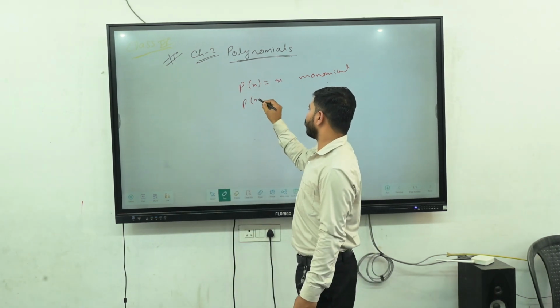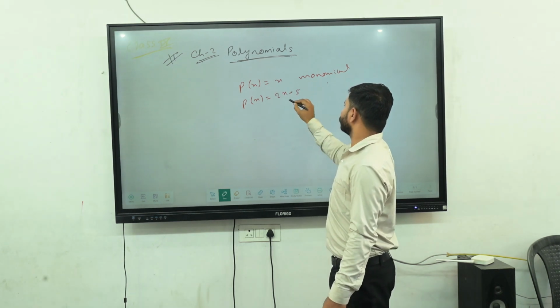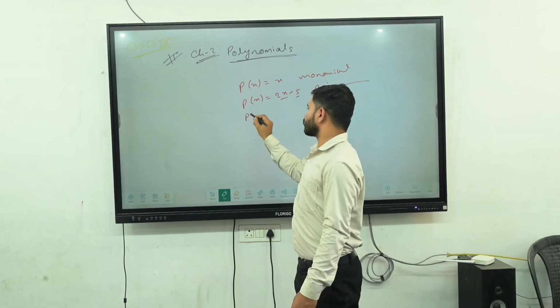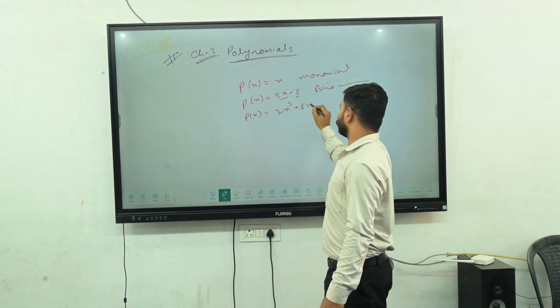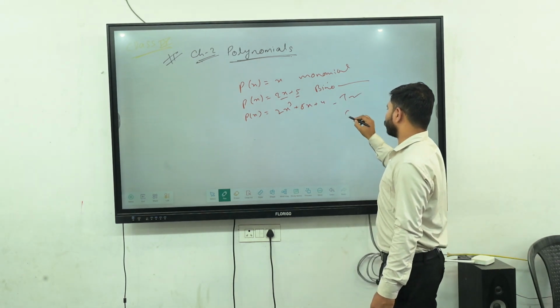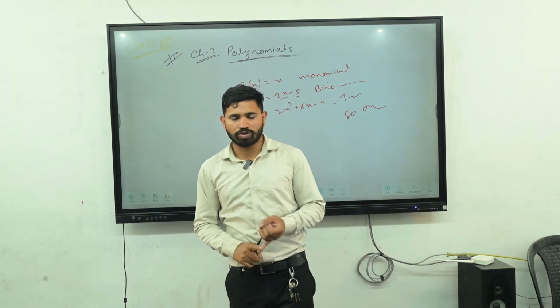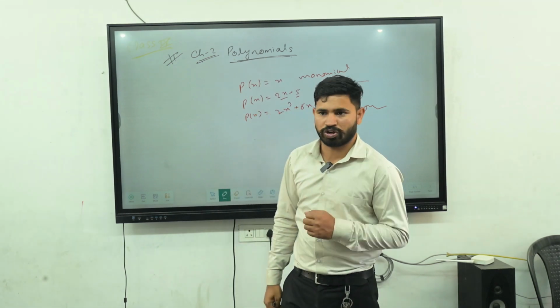The polynomial which has two terms, 2x + 5, is called binomial. And if there are three terms in any given polynomial, then it is called trinomial, and so on. So these are the types of polynomial according to the terms: monomial, binomial, trinomial.